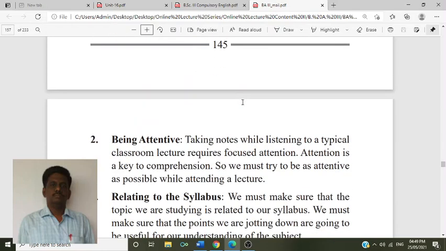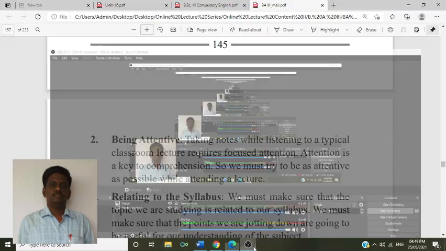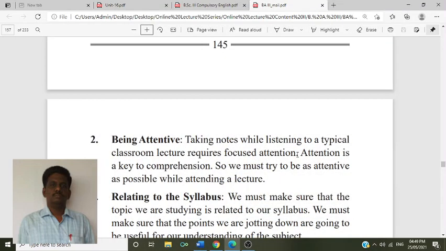Then second, we learned about being attentive. Of course, in note making, we are reading. However, in note taking, we also discussed the difference between note making and note taking. In note taking, we should understand that we should be attentive.